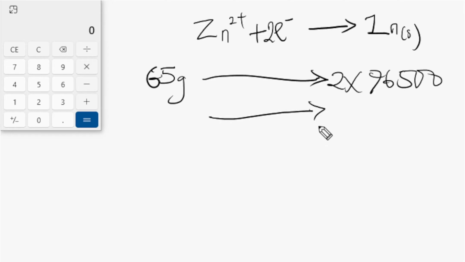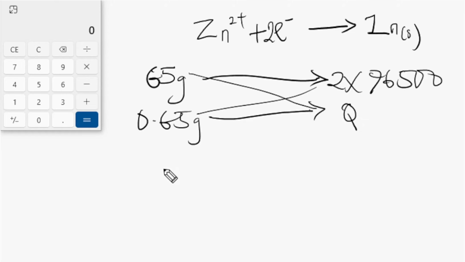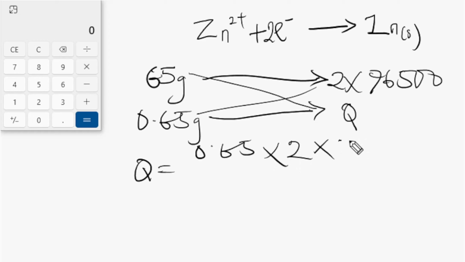So with this, we want to find the charge now for the mass of zinc given to us, which is 0.65. So what will be the charge Q here? So we're going to cross this out, and then we're going to say Q will be 0.65, which is this, times 2 times 96,500.